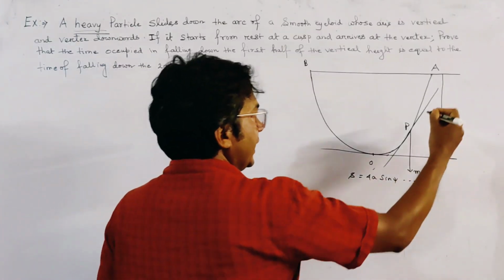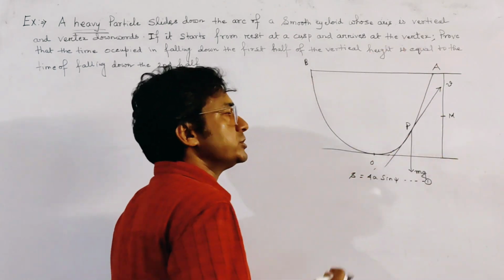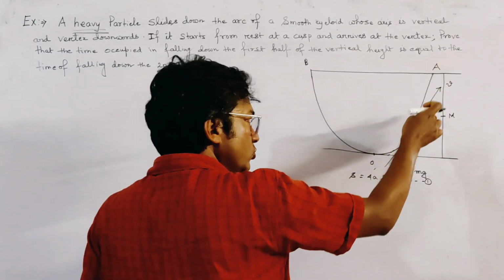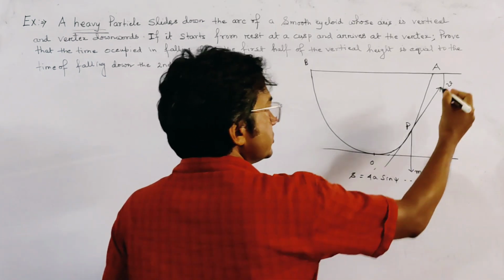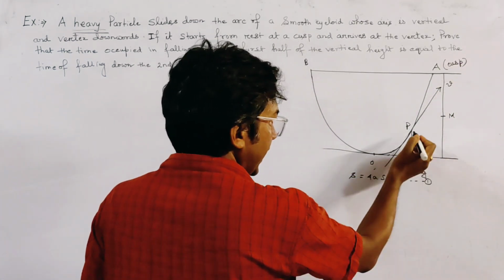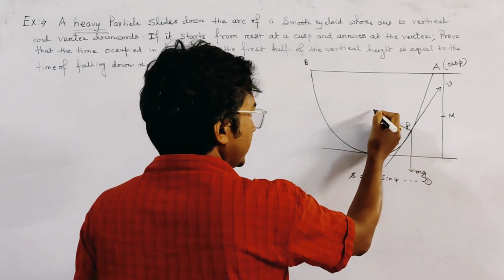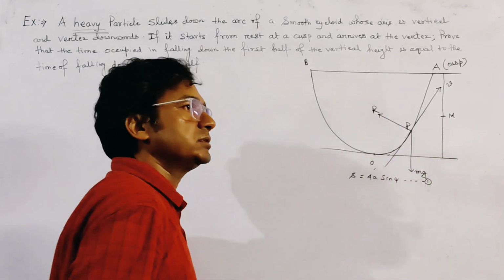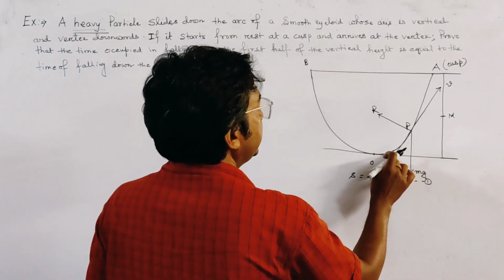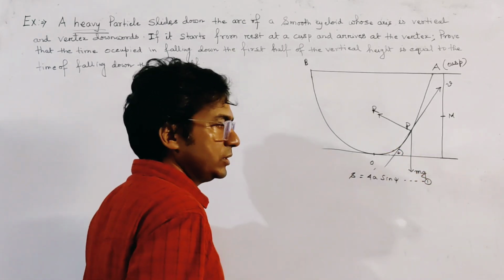This is the direction of positive velocity, since the particle is moving from A to O. The normal reaction R acts along the inward normal, and the tangent at P makes angle psi with the horizontal.